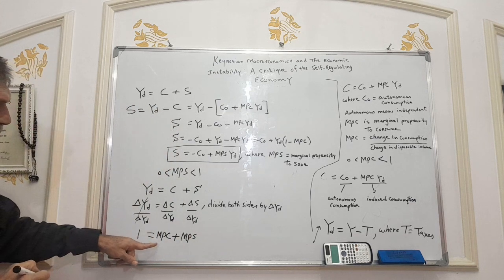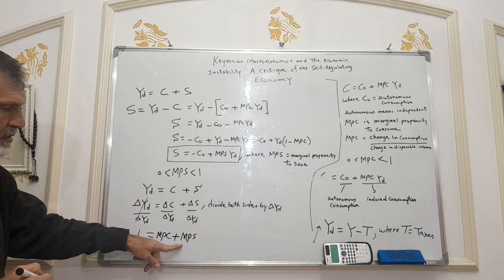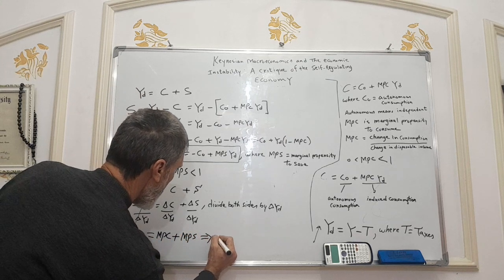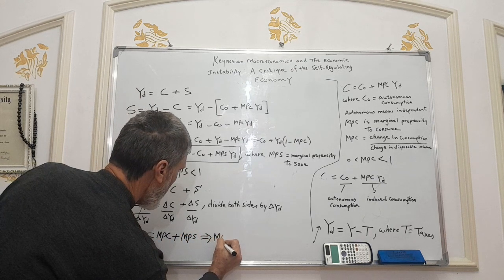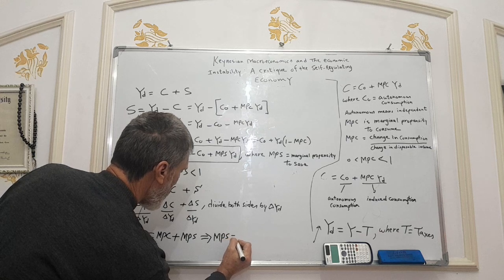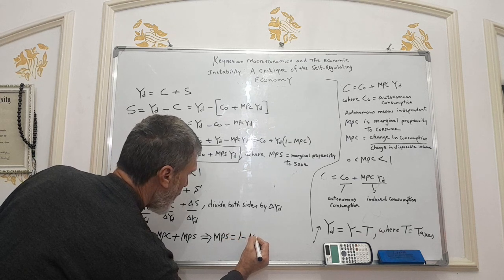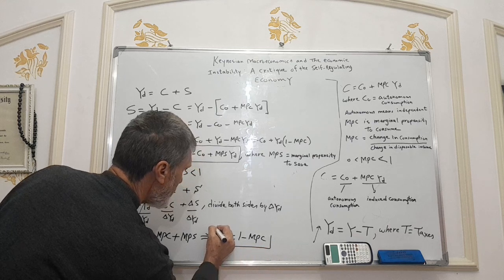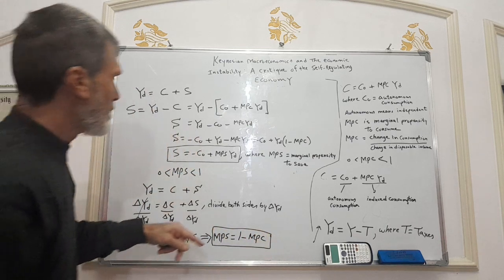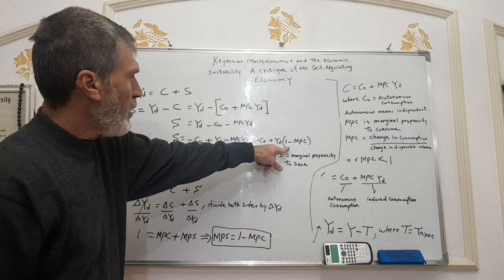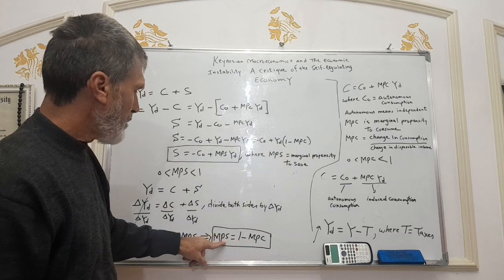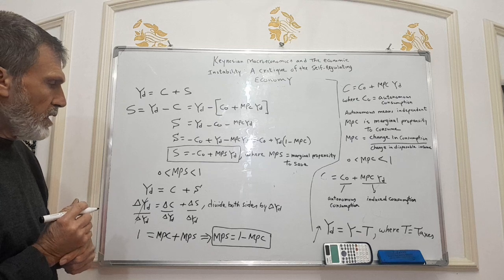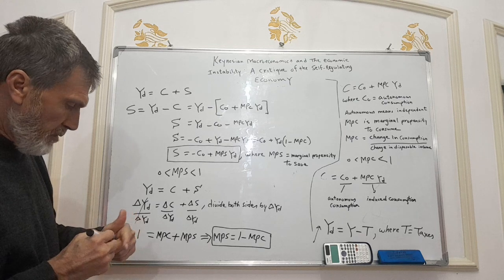As you can see, the sum of MPC plus MPS is equal to 1, which implies MPS is equal to 1 minus MPC. And this is what we said over here, 1 minus MPC is going to equal MPS, where we have this formula over here.